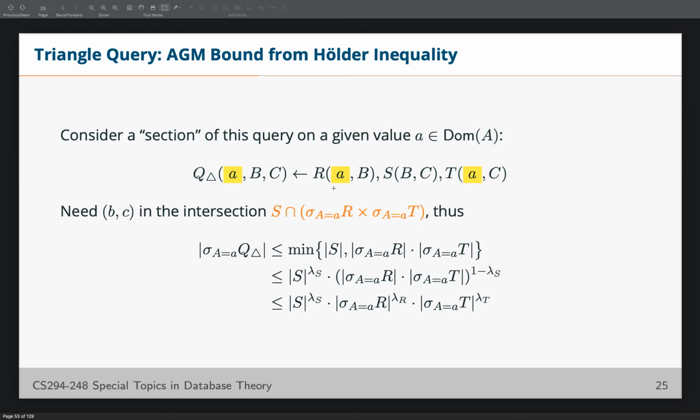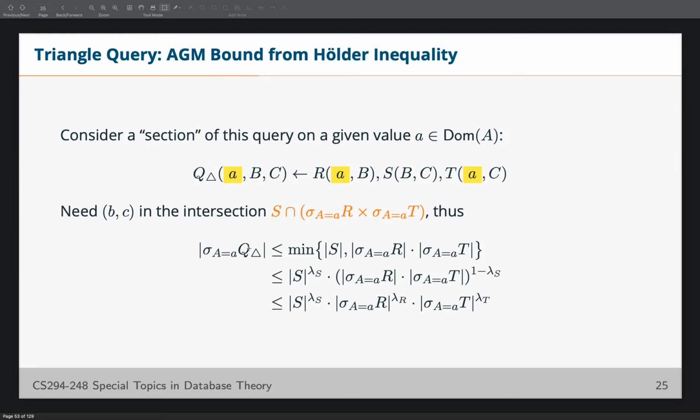Now, in order for BC to be in the output of this subquery, BC has to be in S for sure, but BC will also have to be in the cross product of the selection of R on A and the selection of T on A. So BC is in the intersection of those two things.